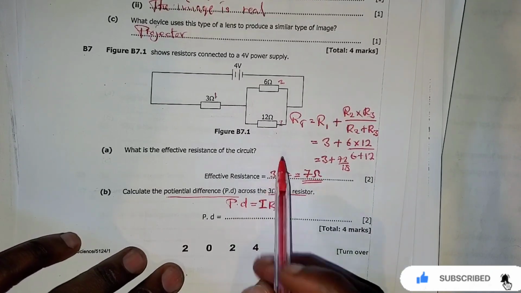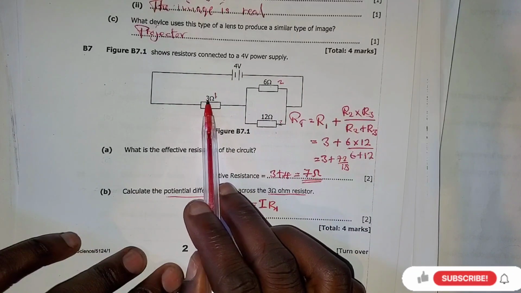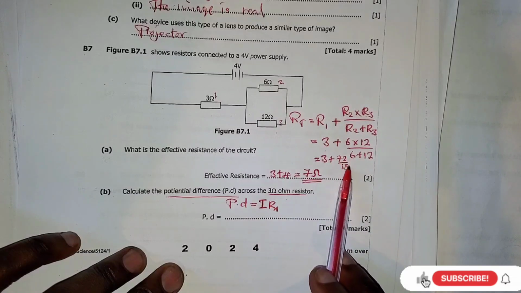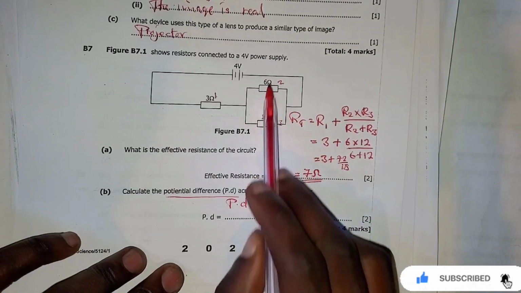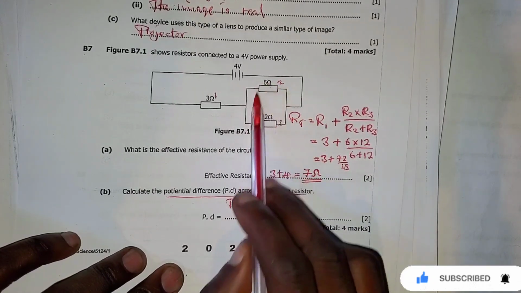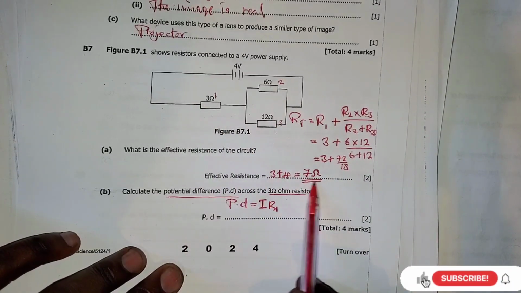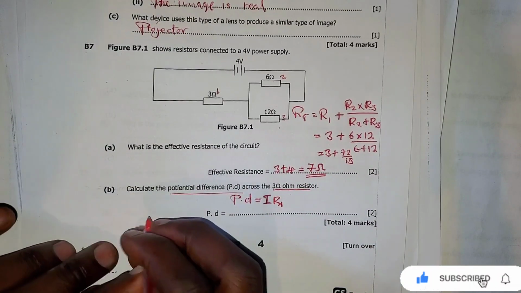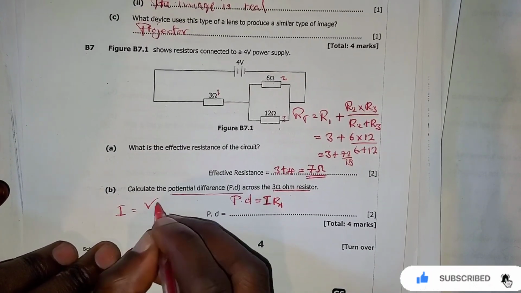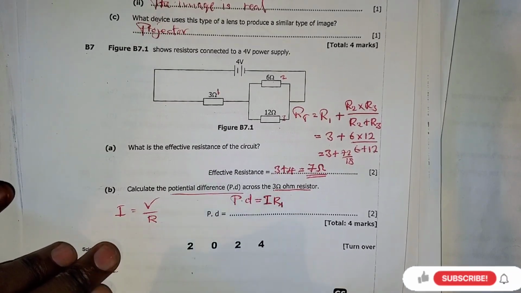Now you should know that since we've made this circuit a series circuit, we have 3 ohms, and what was the answer here? 4. Okay, when you calculate the parallel circuit, we're going to have 4 ohms. 4 ohms plus 3, we have total resistance as what? 7 ohms. Now we are going to say current is equal to voltage over resistance, which is the total resistance.